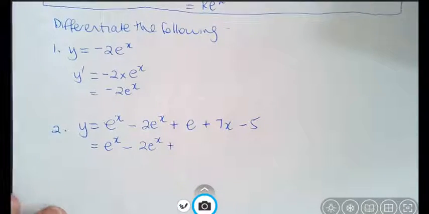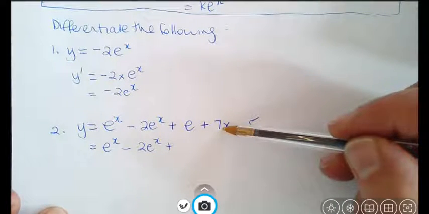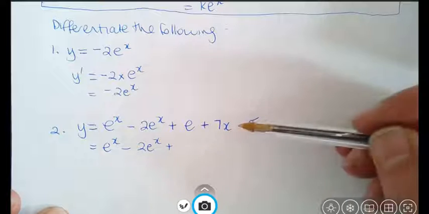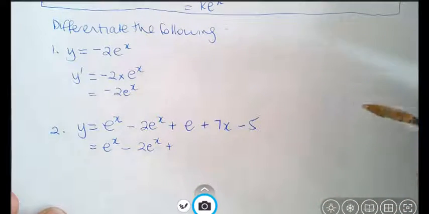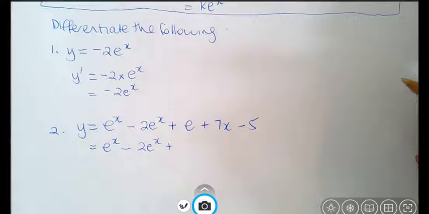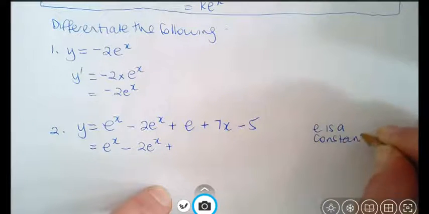Add to the question. So if I differentiate 7x, what do I get? If I differentiate negative 5, what do I get? e is the number 2.718, etc. If I differentiate that, I get 0, just like the constant. So e is a constant, just like negative 5.